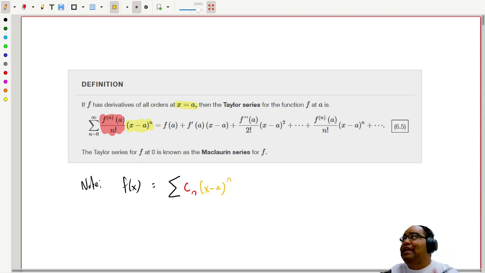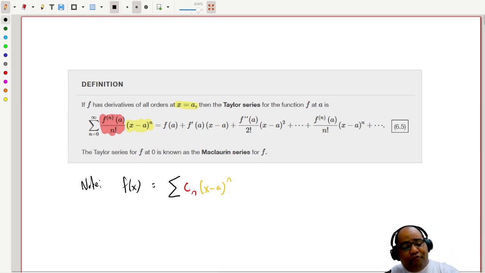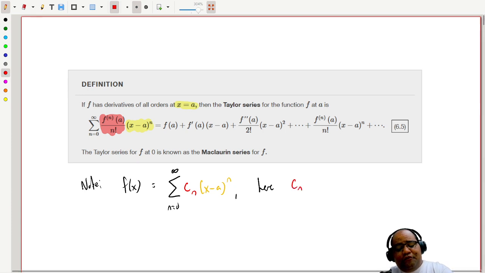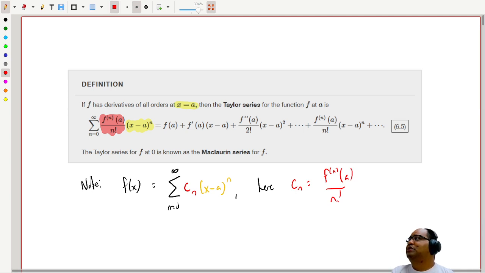So this is any power series, as we saw before, from n equals 0 to infinity. And the relationship is that the Taylor coefficients c_n are precisely those derivatives evaluated at a divided by n factorial. So what do you need for a Taylor series? You just need evaluations of the function at the derivatives. Of course, you have to assume that all the derivatives exist, so a so-called C infinity function, or any function that's sufficiently smooth.